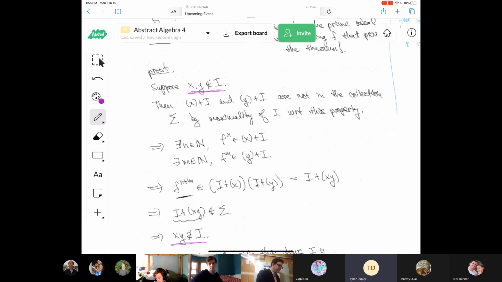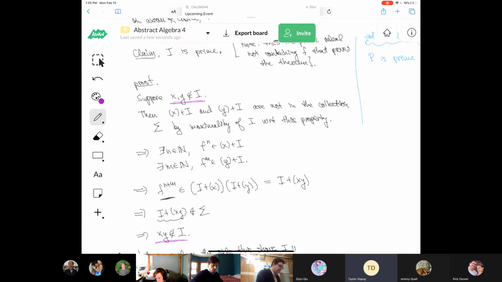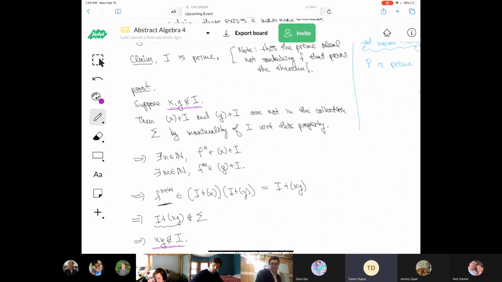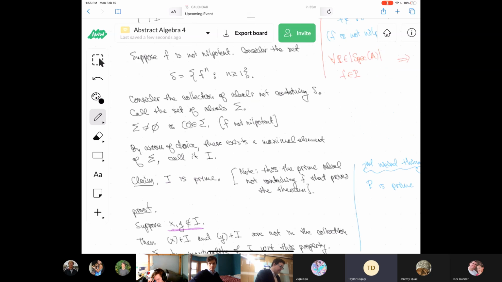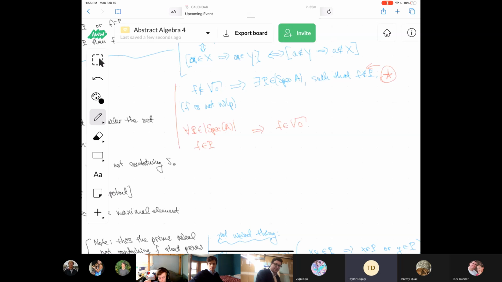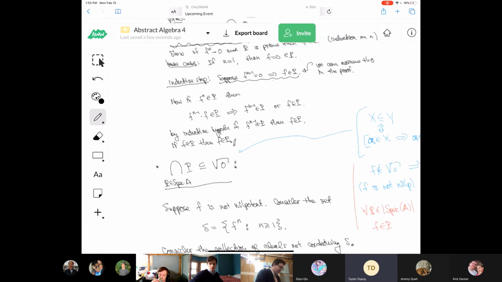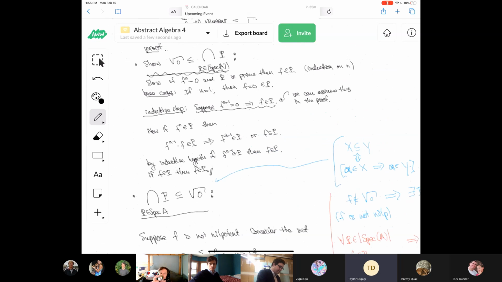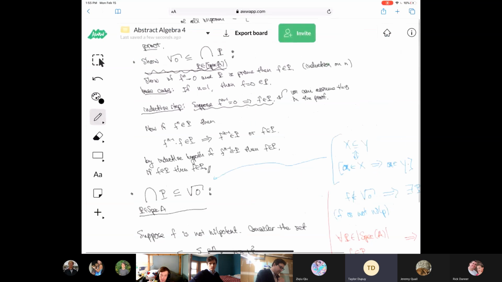And we showed that it's a prime ideal and it doesn't contain f. And so that proves, again by this contrapositive, this containment.